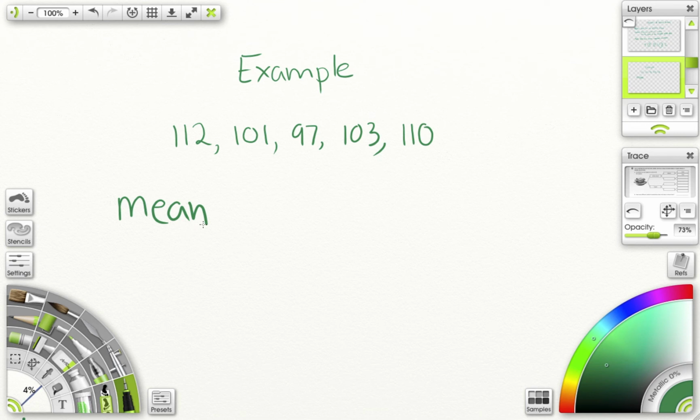Mean is adding up all these numbers together and dividing by 5 because I have 5 numbers. If I add up all these numbers together, I get 523. Now I take that 523 and divide it by 5, which, one second, I'm just going to punch into my calculator, gives me 104.6.